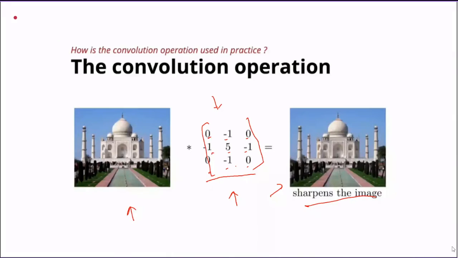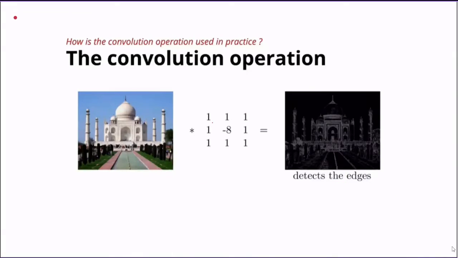This kernel is used to extract features from the image. For example, if you look at this particular kernel, it has all the values as 1 except the middle value as -8. When you do the convolution operation, it will detect only the edges. So this kernel is used to detect edges.